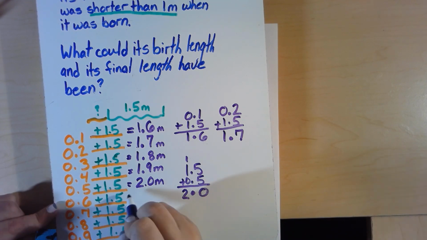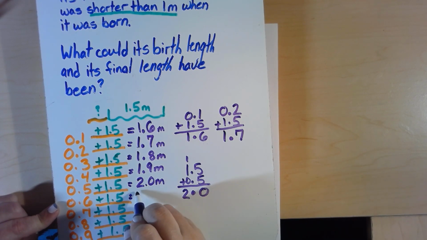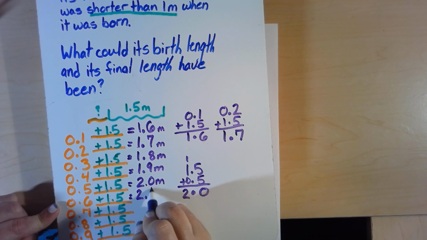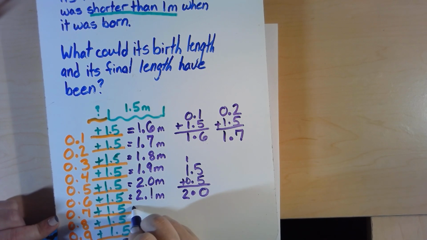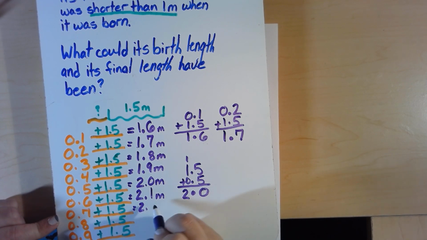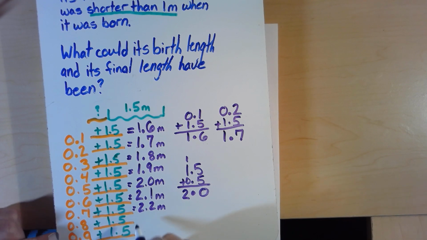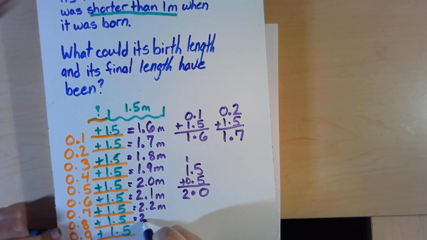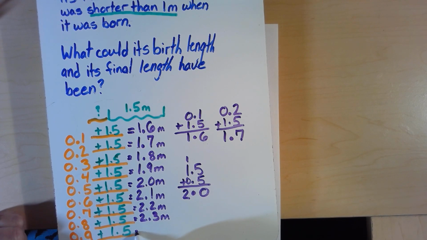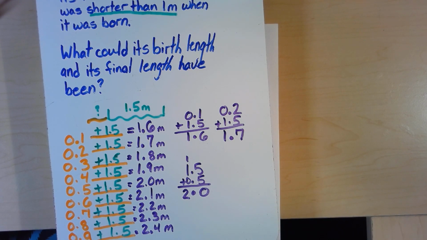And then we continue, adding 1/10. 2.1, 2.2. Do you see the pattern? 2.3 and 2.4 meters.